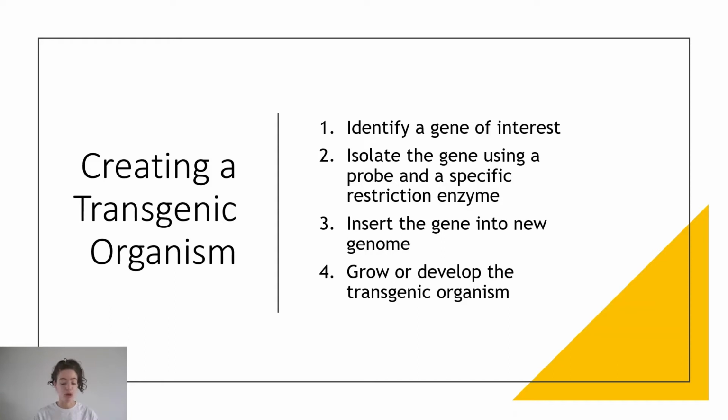So remember, the probe has nucleotides that are complementary to the gene of interest, and restriction enzyme will cut that gene. We insert the gene into the new genome, and then we grow or develop that transgenic organism so that it will replicate that DNA, that transgenic DNA, and express that gene by synthesizing proteins.